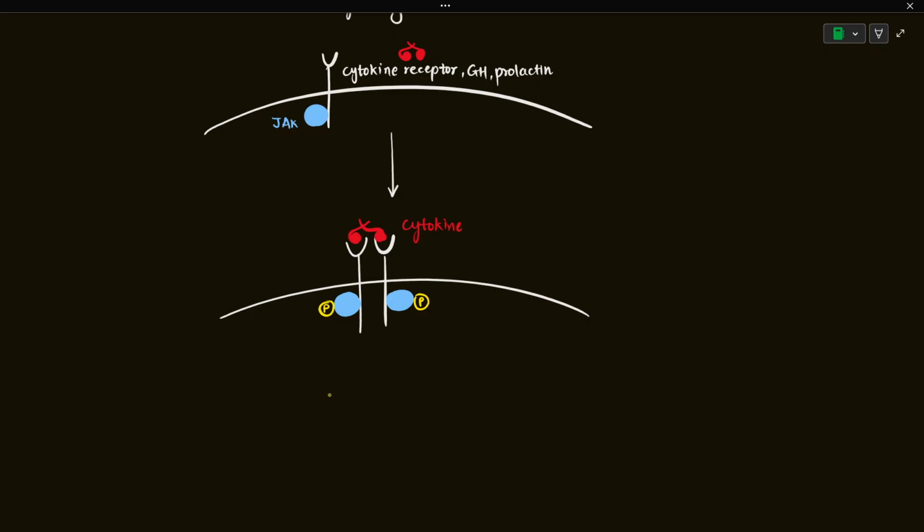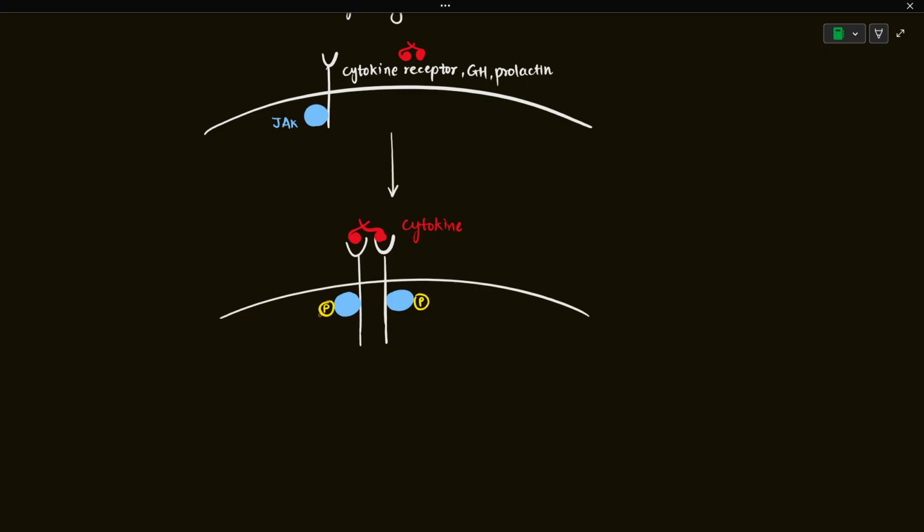This will fully activate the Janus kinase domain, and the full activation of Janus kinase will result in the phosphorylation of the tyrosine residues present on the intracellular domain.